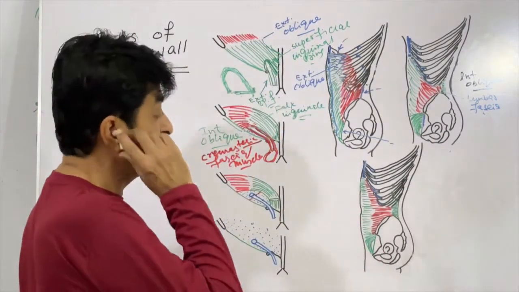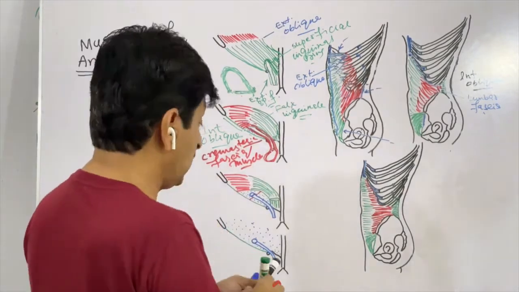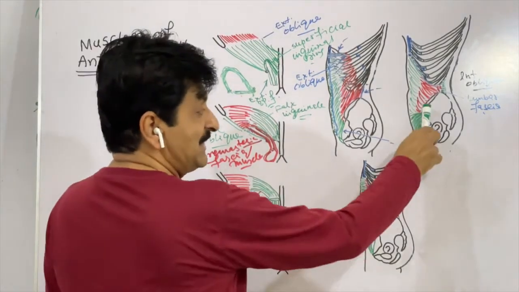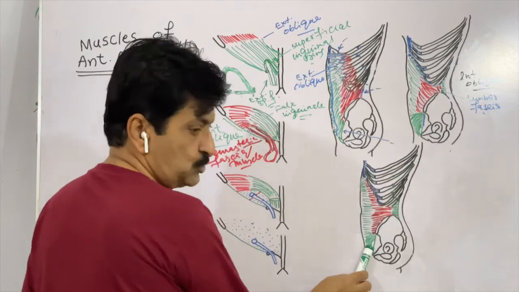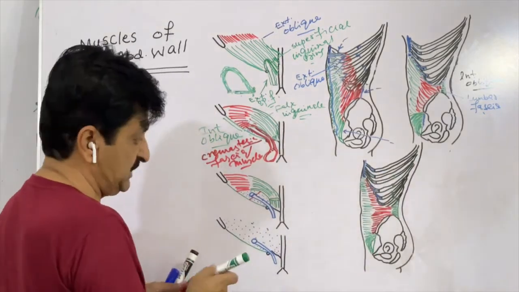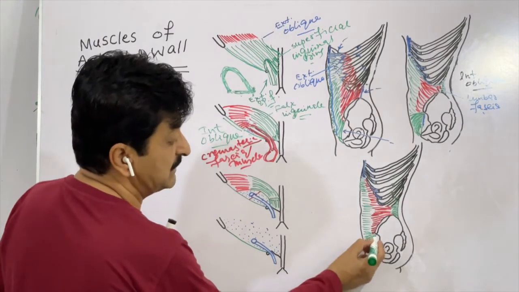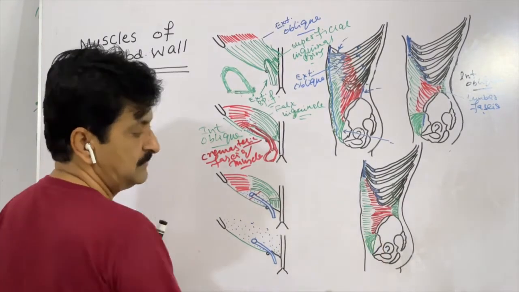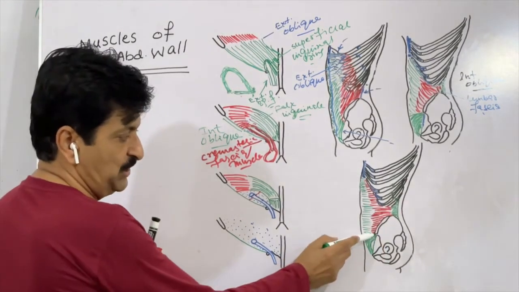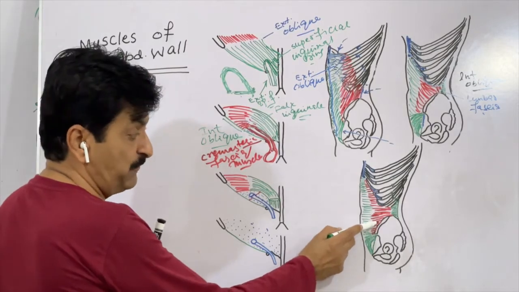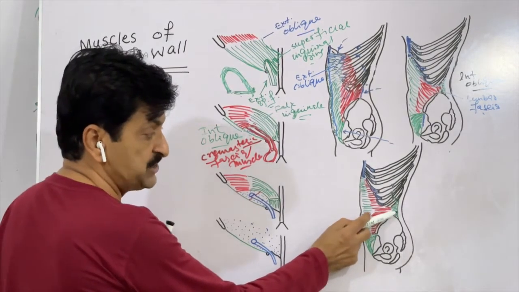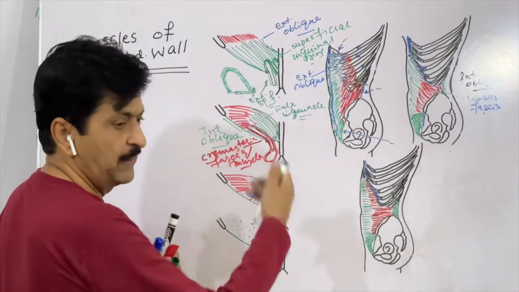But watch it here in this internal oblique. The internal oblique is not just from the iliac crest, but it will also take origin from the inguinal ligament. But this time, not 2/3 of the inguinal ligament, but just 1/3. Then it will take origin from the inner lip of the iliac crest, then from the lumbar fascia, and then from the inner aspects of the lower 6 ribs.